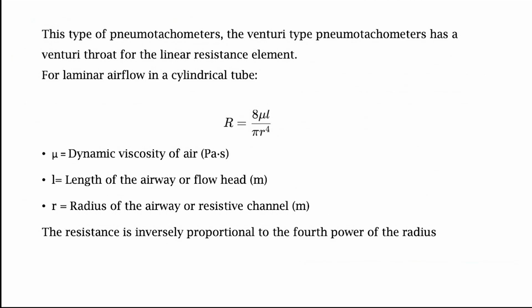The wall of the tube will start having an effect on the flow itself. The roughness of the tube and other such things will start to play a huge role as the size of the tube reduces. It's a big topic beyond the scope of this course, but all I'm saying is that the resistance is inversely proportional to R to the power 4, which means that you need to be very cautious about choosing the right type of tube for this device.